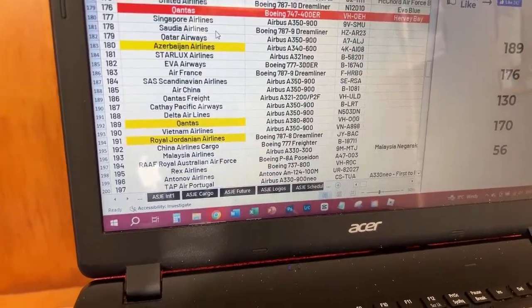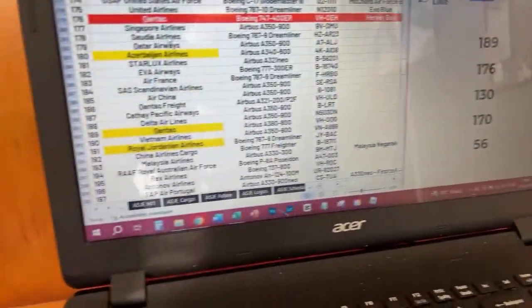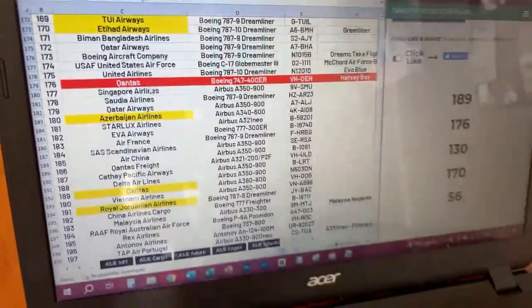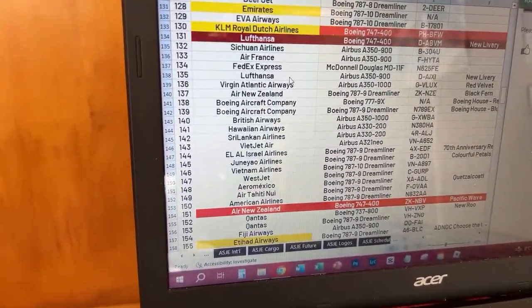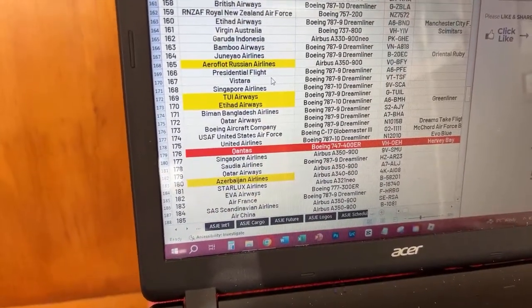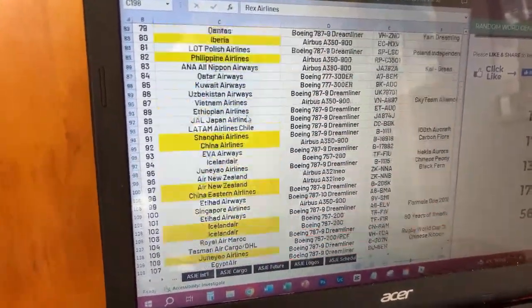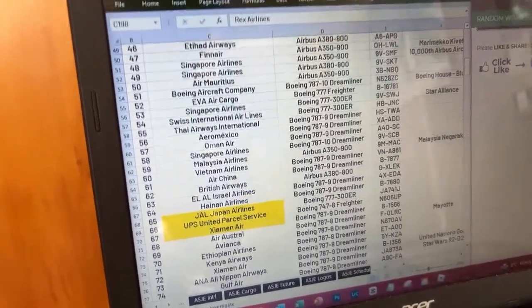The first narrow body that I see will be the one that gets picked. 176 is the Qantas 747. 130 KLM 747, 170 Etihad 787-10, 56, and that is an Aeromexico 787.